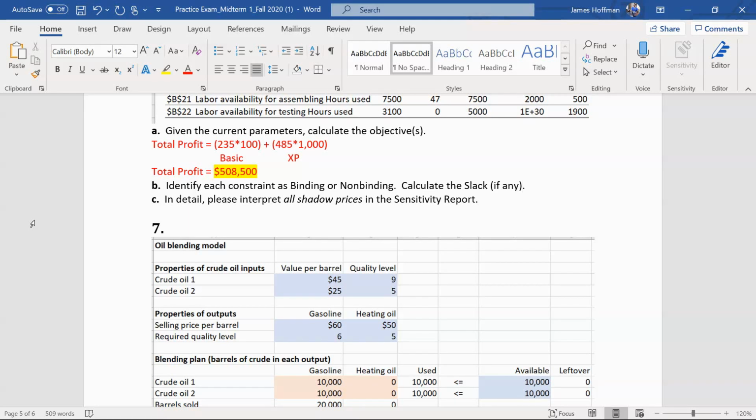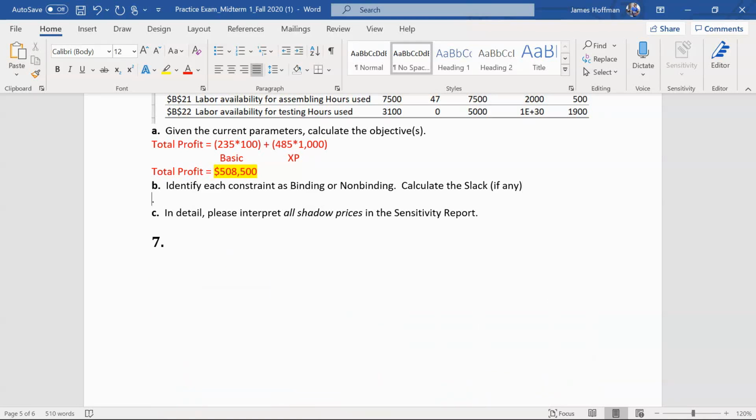We did this a couple times in class, but let's list the constraints first, then determine binding or non-binding, and then calculate any slack.